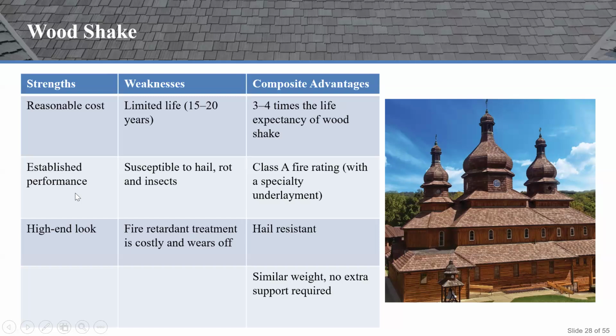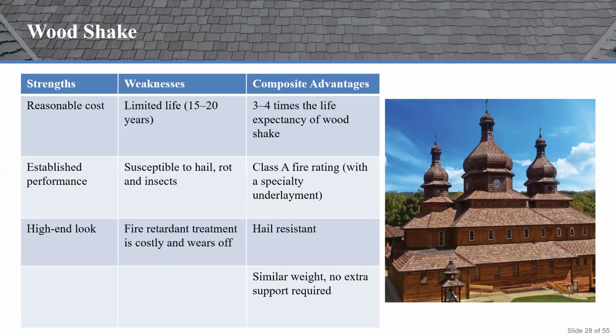Wood, I mean, it has established performance, but I would contest that and say, well, product that was milled and installed on roofs 50 or 100 years ago would have lasted a lot longer than the materials that are being harvested now, the cedar that's being harvested now.